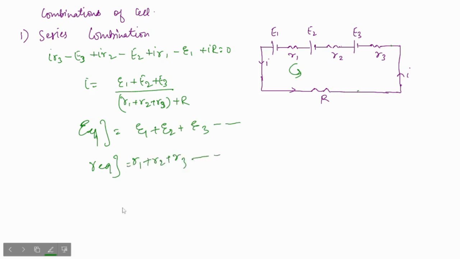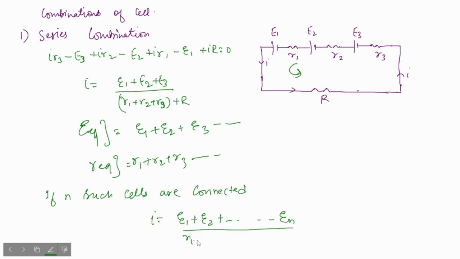Now, if n such cells are connected, I will be E1 plus E2 and so on up to En, upon R1 plus R2 plus R3 and so on up to Rn plus R. That means you can write it as E equivalent upon R equivalent plus R.